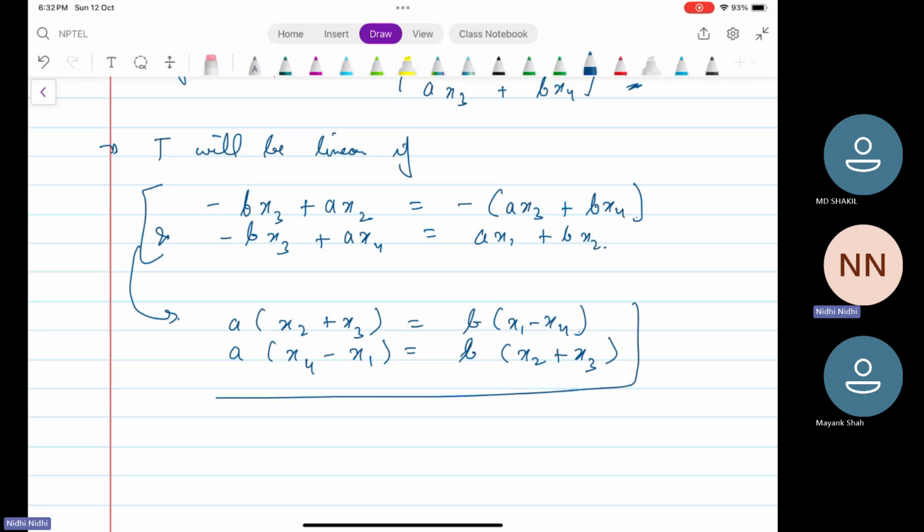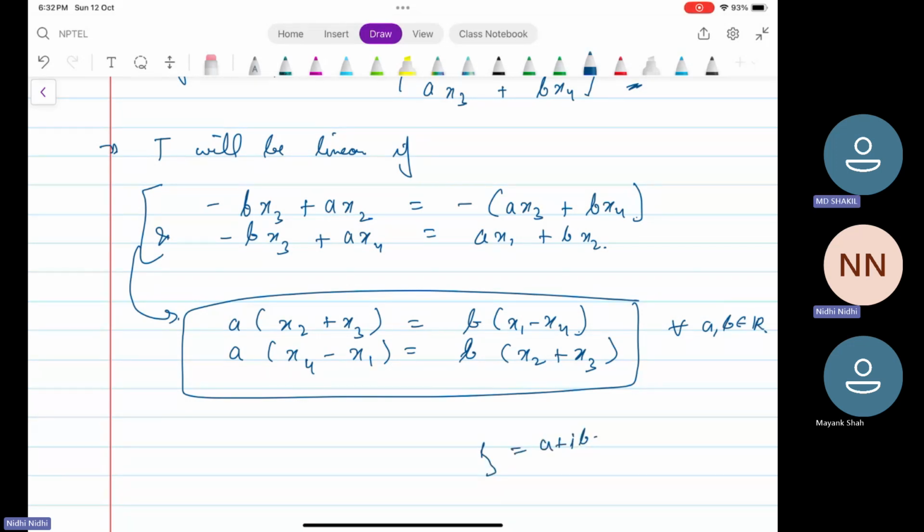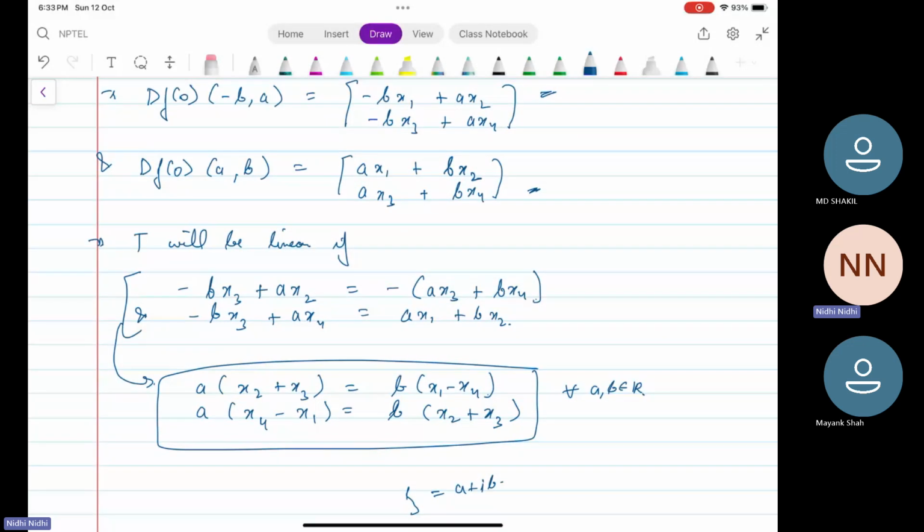So this should happen for every a and b, because z equals a plus iota b was an arbitrary complex number. These x1, x2, x3, x4 depend on the derivative of the map f at 0. So if f is such that these xi satisfy this system star, in that case the map will be linear.